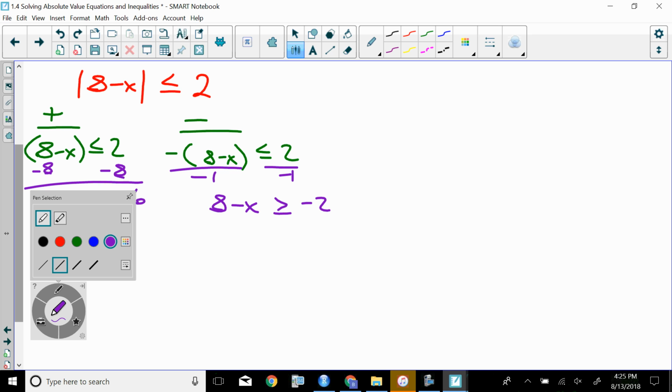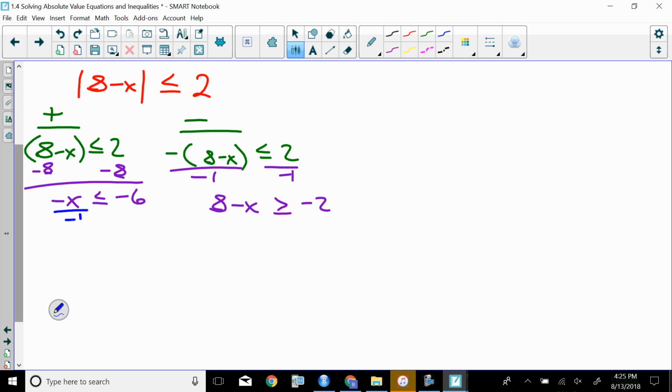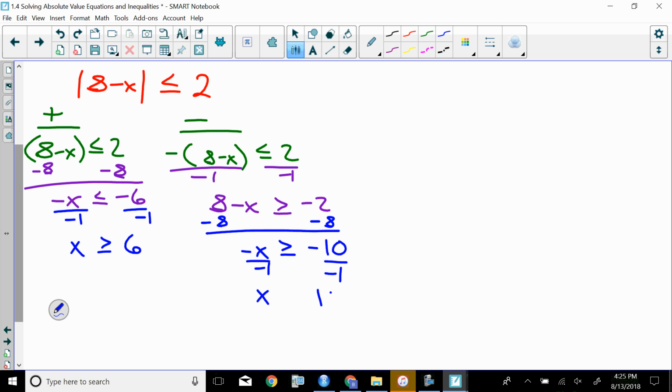Oh, well, look at this. On this side, I also have to divide by a negative 1. That'd be x is, divide by a negative 1, I got to turn this sign, that's a 6. Here I will subtract 8, I get negative x greater than or equal to negative 10. Divide by a negative 1, I get x, I get a 10.